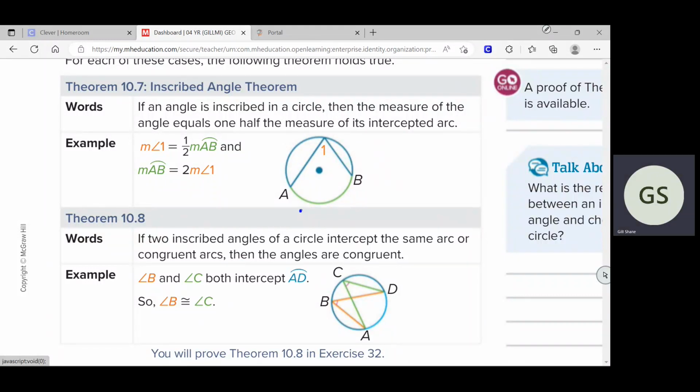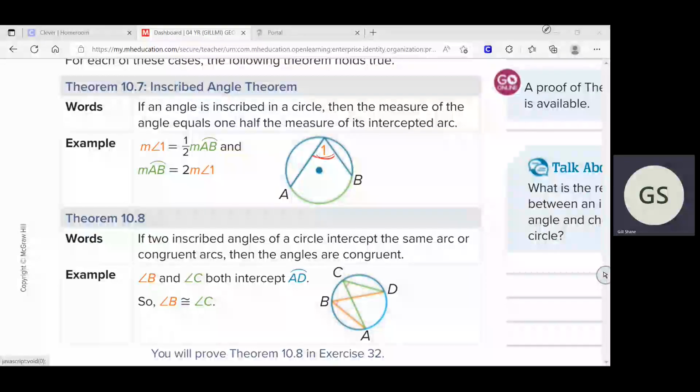The measure of an inscribed angle, so angle 1 is the inscribed angle, is half the measure of the arc. So for example, if AB is a 150-degree arc, then the measure of angle 1 will be 75.